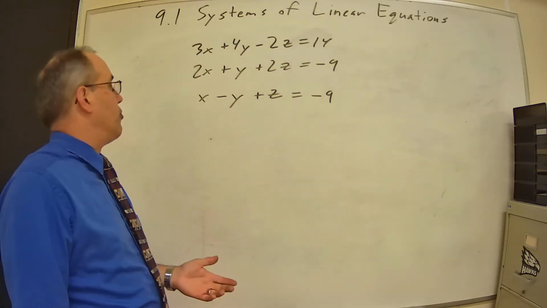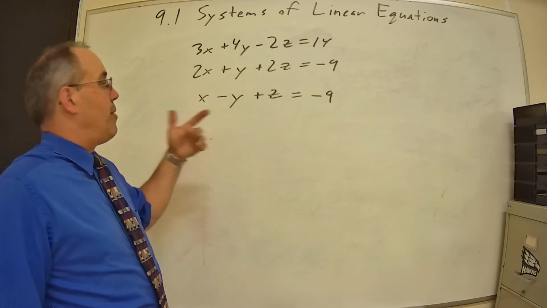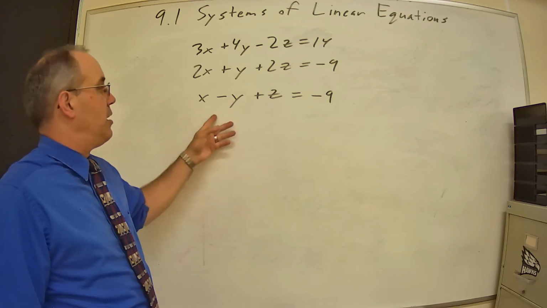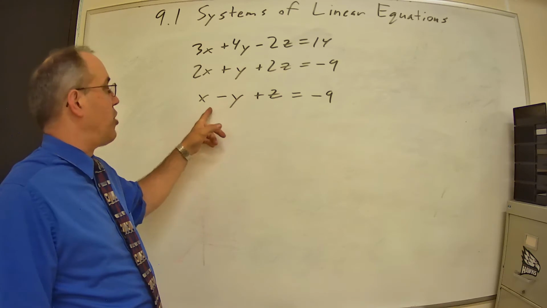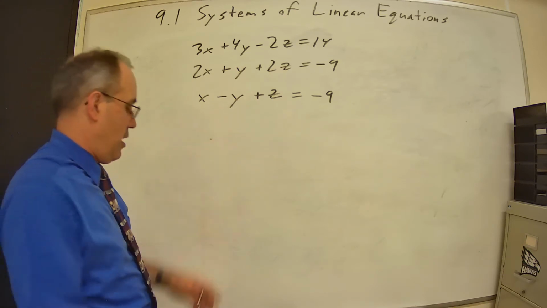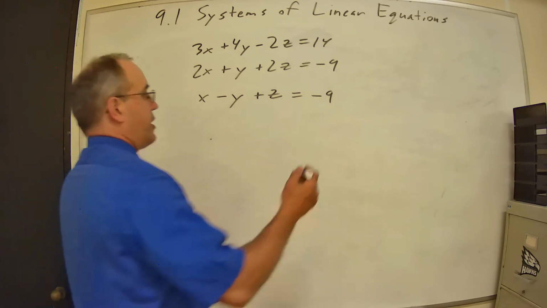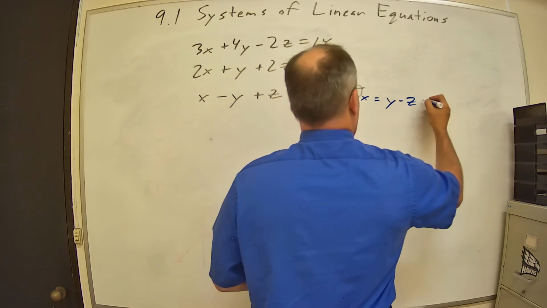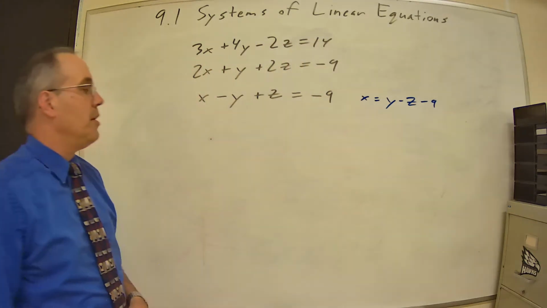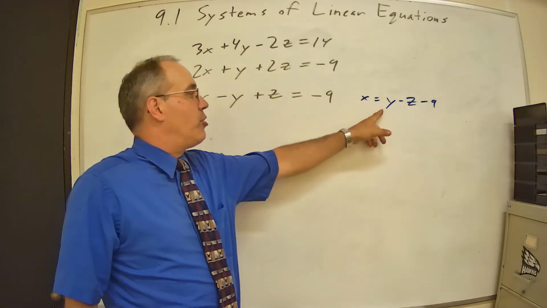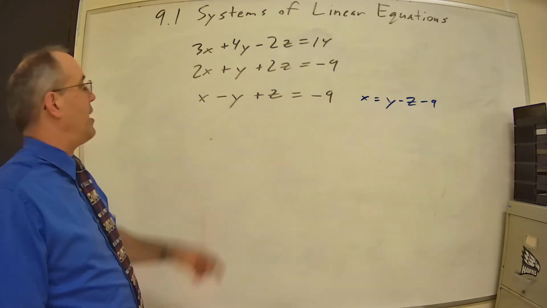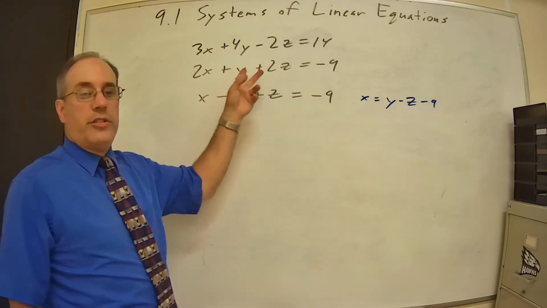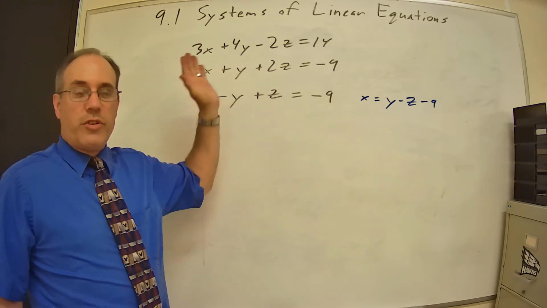And what am I going to do? Well, remember my options are, I can use substitution, so I could solve this equation for one of the variables. Like I could solve this equation for x. And if I were to do that, I would get x is equal to y minus z minus 9. And if I did that, then I could plug y minus z minus 9 in place of x in both of these equations, and then I would have two equations that are in terms of y and z.